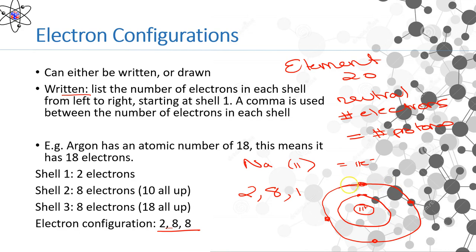Now that I've got 4, I'm going to double them up. 5, 6, 7, 8. And then in my third shell, that's a bit badly drawn. In my third shell, I'm going to have 1 on its own. And this one is the valence electron. It's the one that is the furthest away from the nucleus. It's the one with the highest energy.